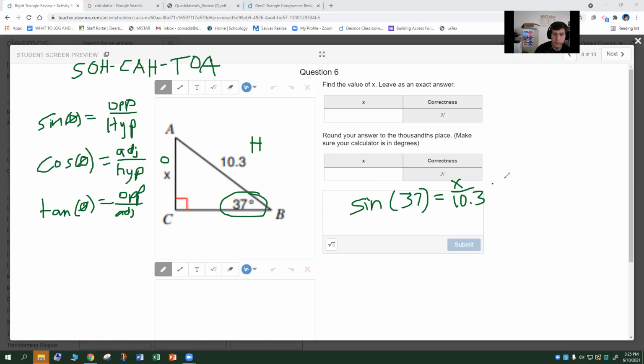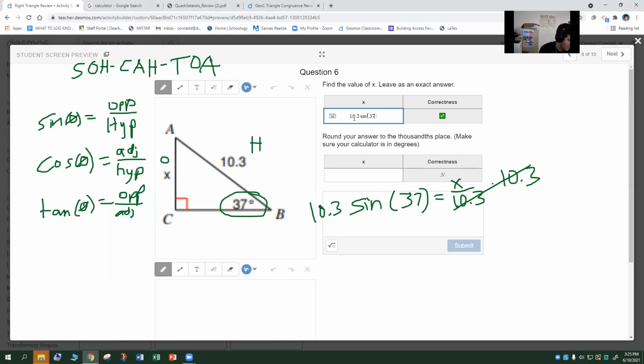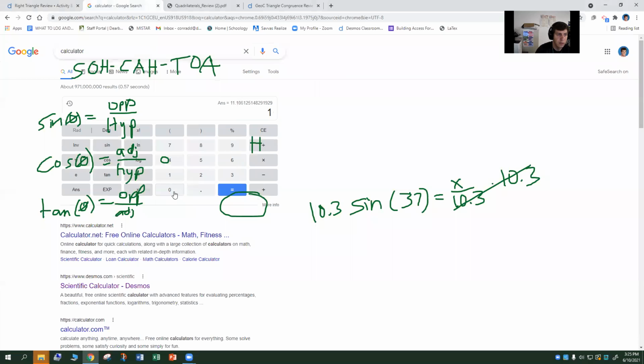We're trying to get x by itself, so we're going to multiply both sides by 10.3. So x is going to equal 10.3 times the sine of 37. Okay, and then if we put that in the calculator, 10.3 times, make sure you're in degrees, sine of 37, and that's going to be 6.199.